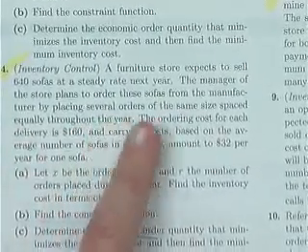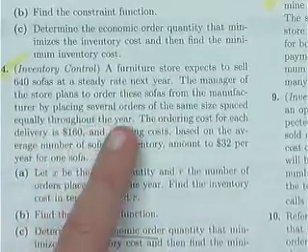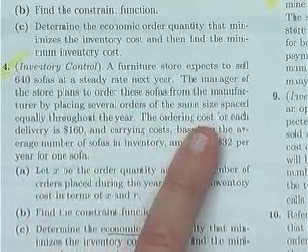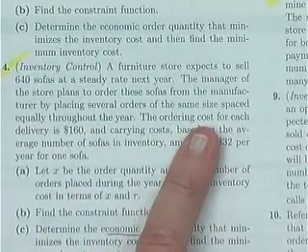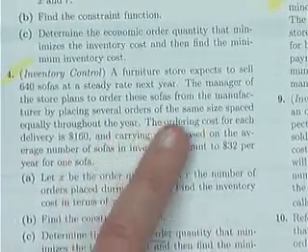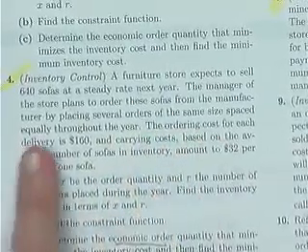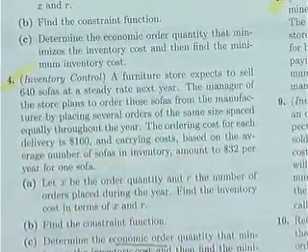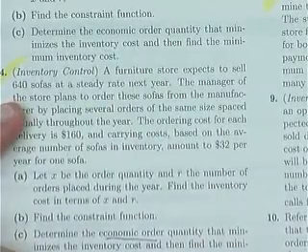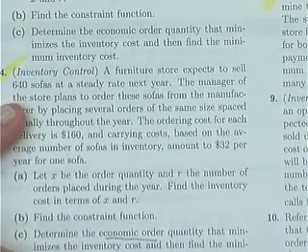The manager plans to order these sofas by placing several orders of the same size. Some books will call that lot size, L-O-T size. Placing several orders of the same size spaced equally throughout the year. So are they going to order 320 sofas twice a year, which means January and June 30th?